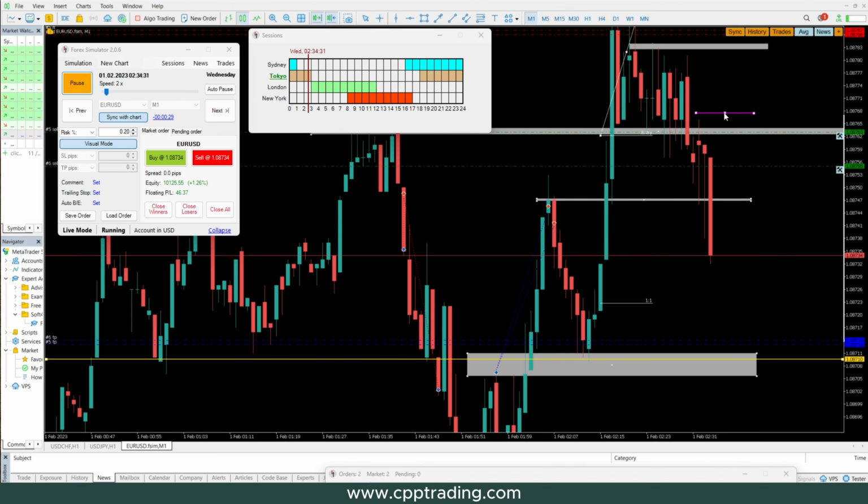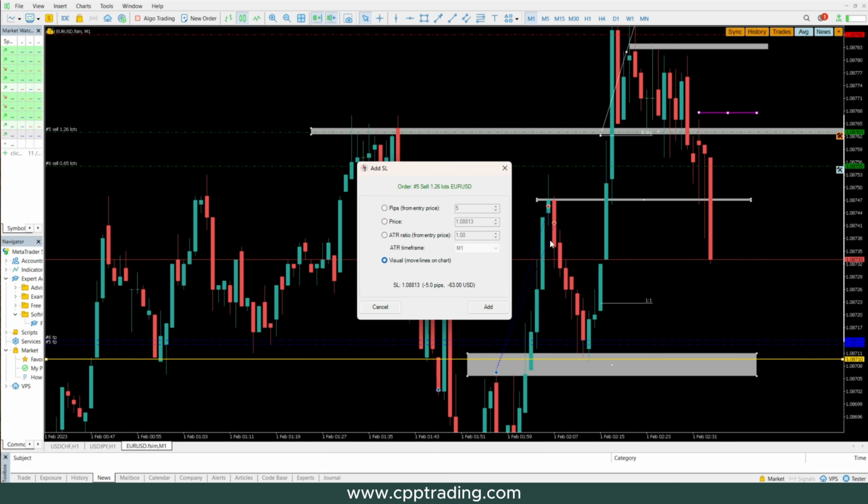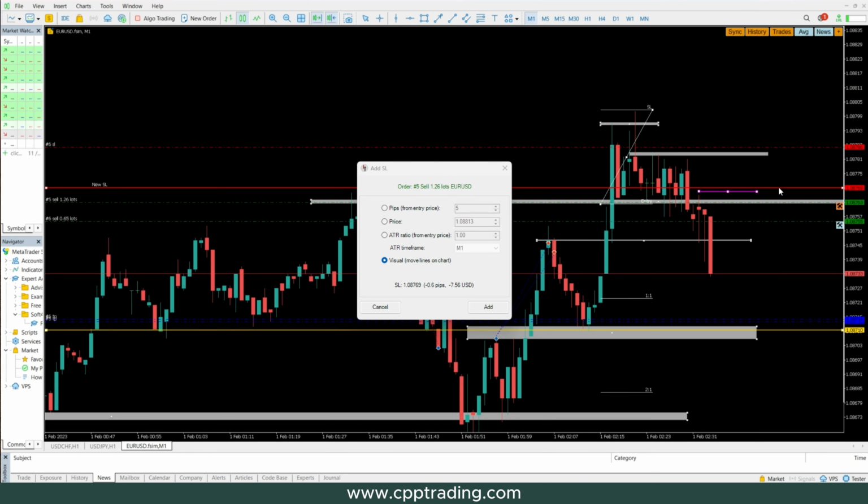Now this would be the level to adjust our stop, which we will do. So we'll move the stop. See, we're running in profits in our first position, $37.14 on the second one. So I will move the stop to above this line, which is right there.